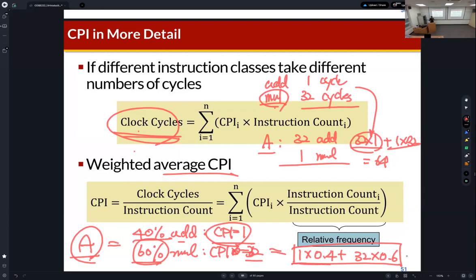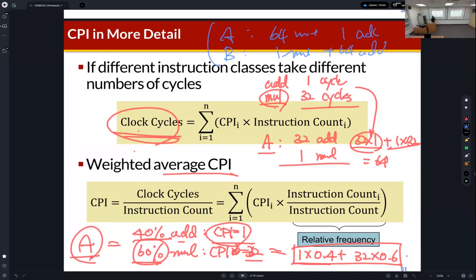So it means different applications also exhibit different average CPI. Right? Because for example, application A may include 64 multiply and 1 add, and application B has 1 multiply plus 64 add.